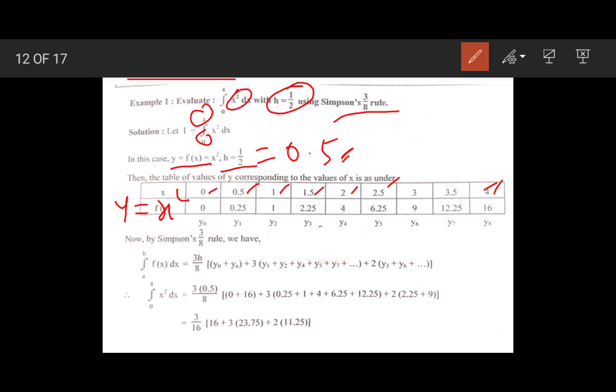When x is 0, y is equal to 0 square. When x is 0.5, y is equal to 0.5 whole square, so 0.25. When x is 1, y is equal to 1. When x is equal to 1.5, y is equal to 1.5 the whole square. Like that, by substituting x values we get the y values. So we get this y table.